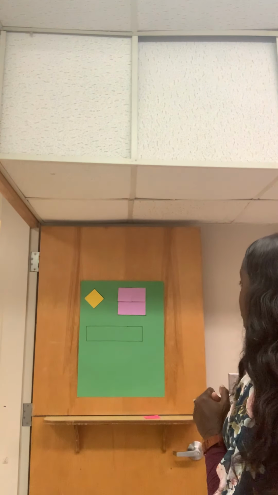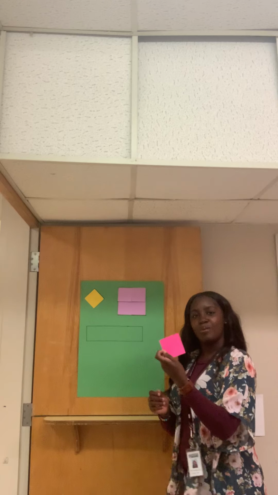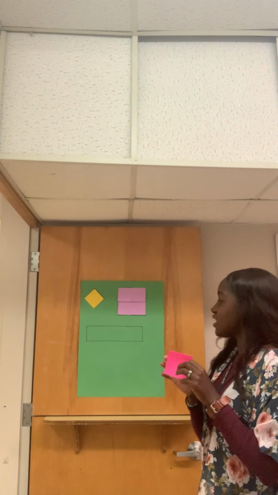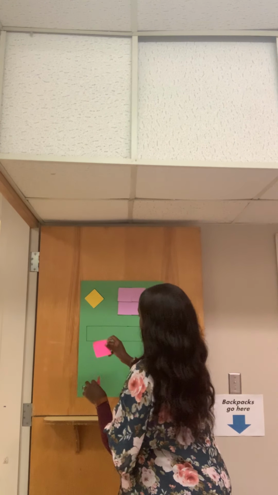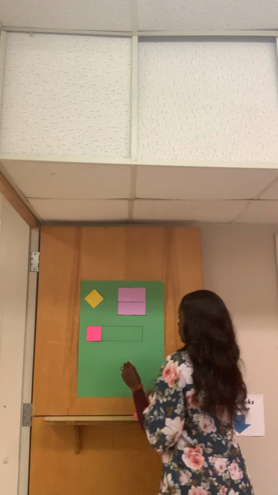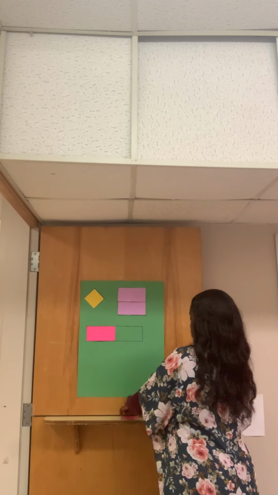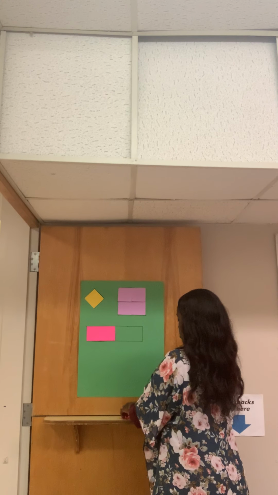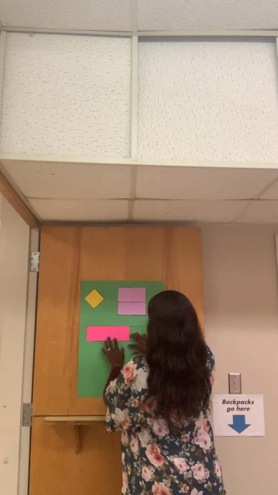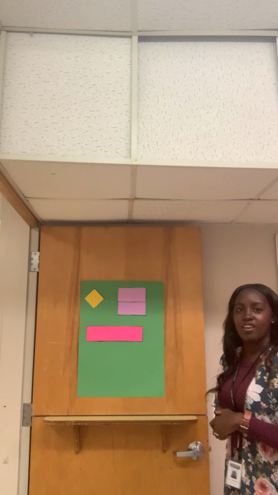All right, now the last one we have is a rectangle. And how many Post-its do we think can take up the room to make a rectangle? Let's count. 1, 2, 3, 4.